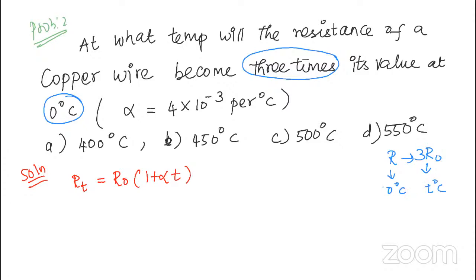Okay, so what should we write for RT? It should be equal to 3 into R naught. And what is the value of R naught? At 0 degree it is R naught only.